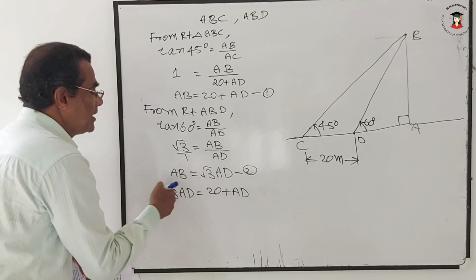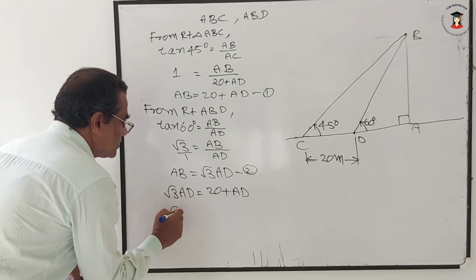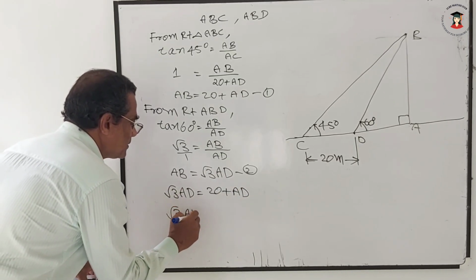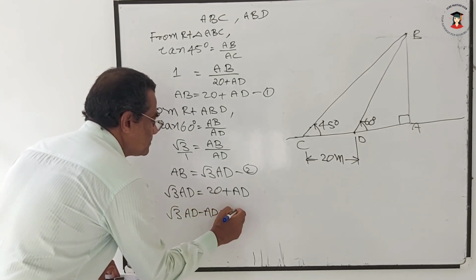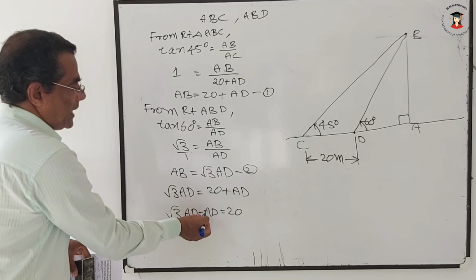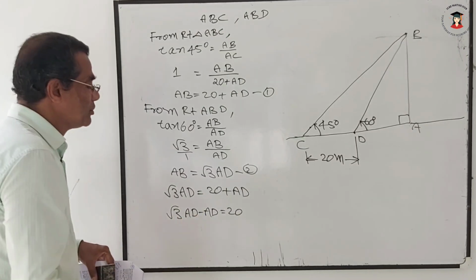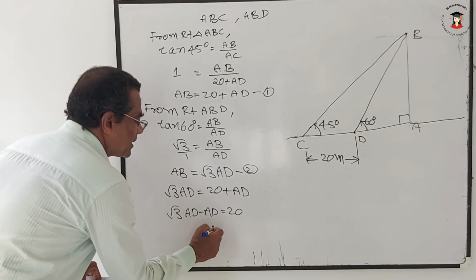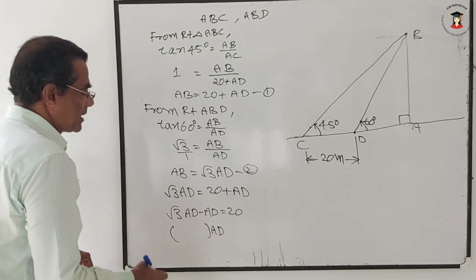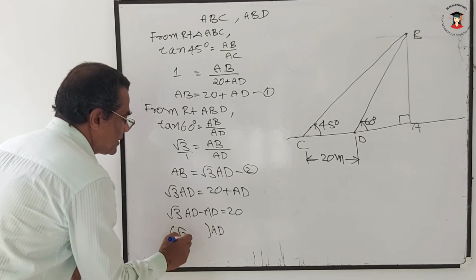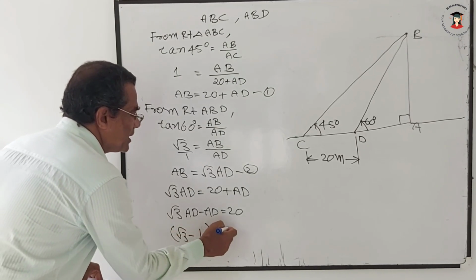So I am bringing this AD to the left side. Root 3 AD minus AD equal to 20. AD means 1 into AD. I am taking AD outside the bracket. So it is root 3 minus 1 into AD is 20.